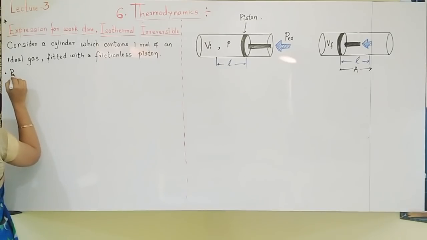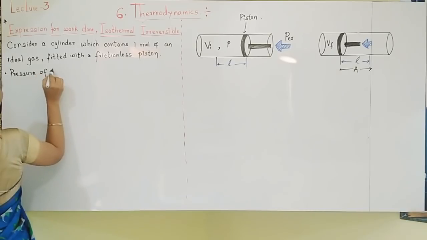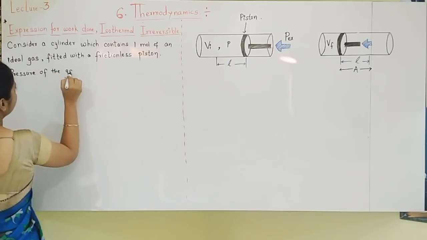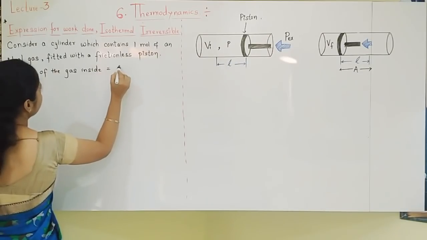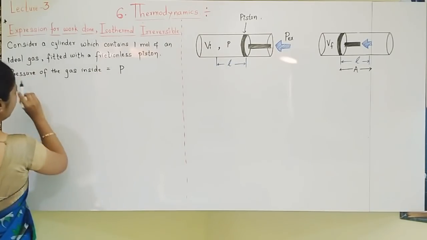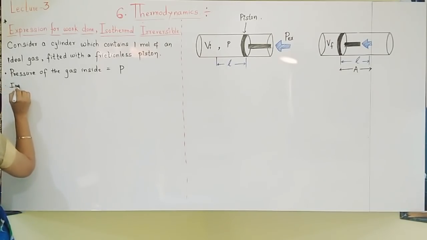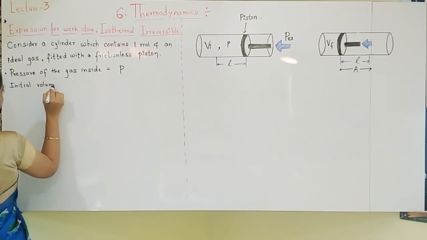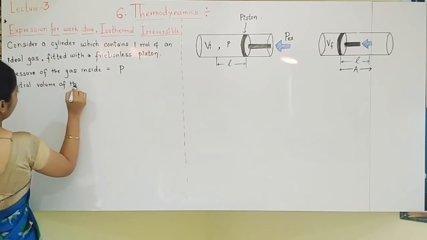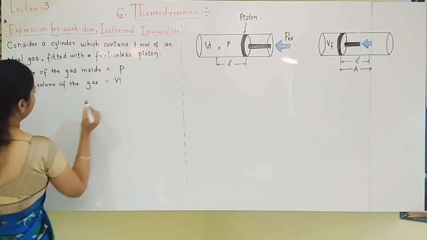Pressure of the gas inside, P. Symbols I am writing all. Initial volume of the gas, Vi.